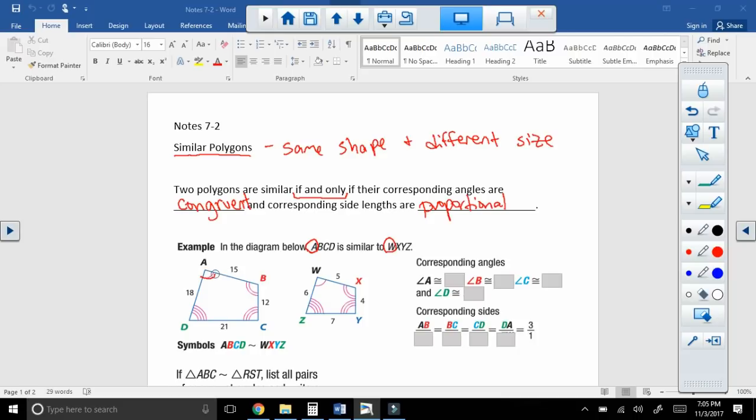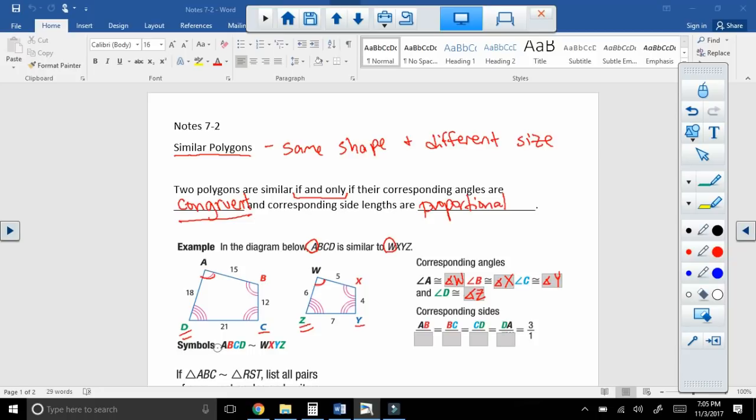Angle A is congruent to angle W because they're in the same corresponding spots, and all the corresponding angles are congruent to each other. Angle B corresponds with angle X, so those angles are congruent. C and Y are congruent, and angle D and angle Z are congruent also.